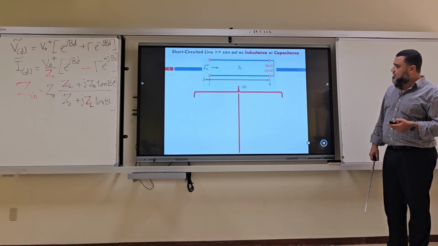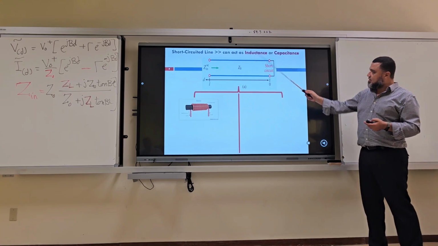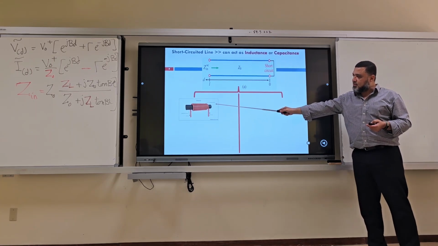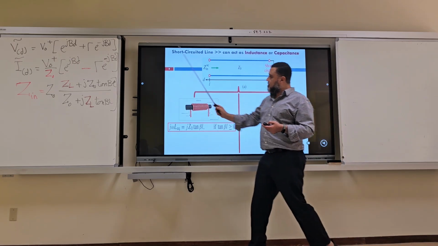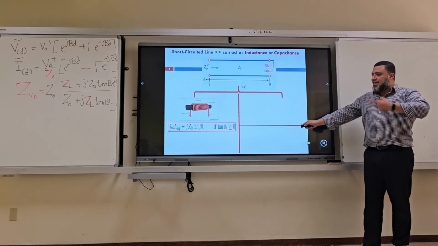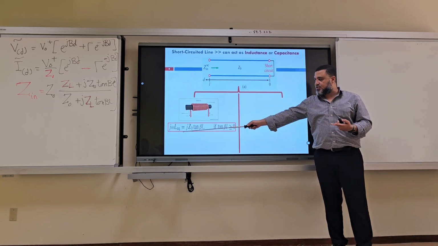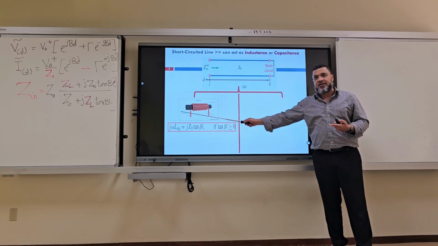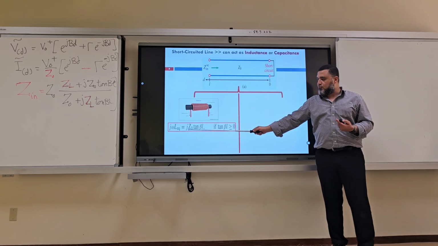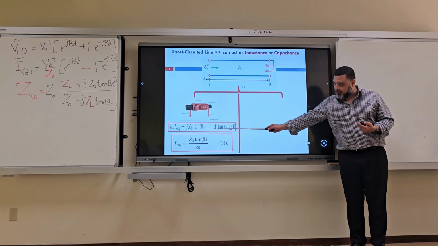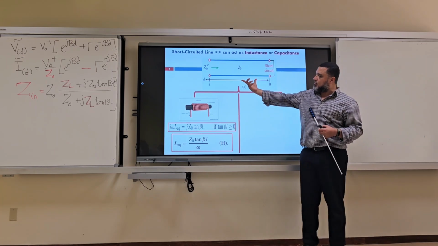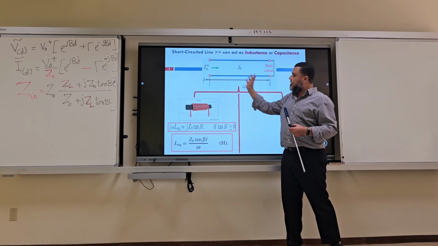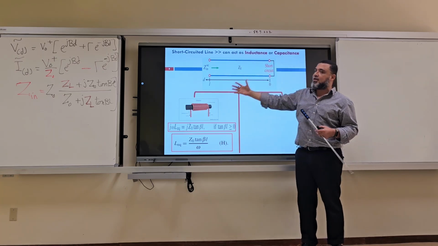As we said last time, the short circuit transmission line can act as inductance, and in this case the input impedance will be the same as an inductance, which is j omega L. So you can find the equivalent L from this equation. Also, you can find the length of the transmission line that gives you an inductive load. You can find the good size of the transmission line that can replace the whole thing by an inductance.